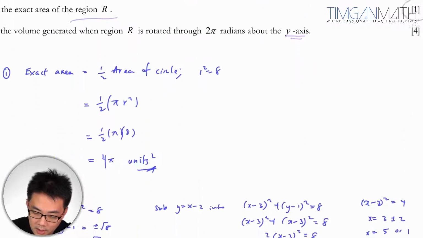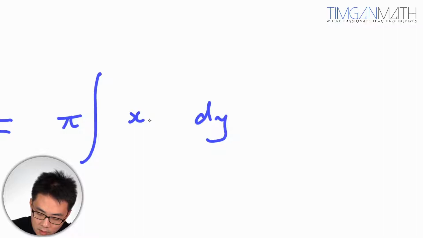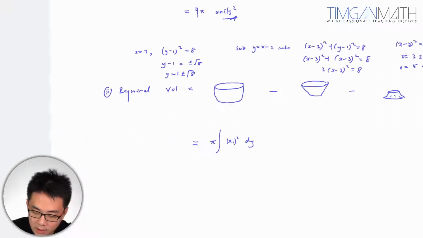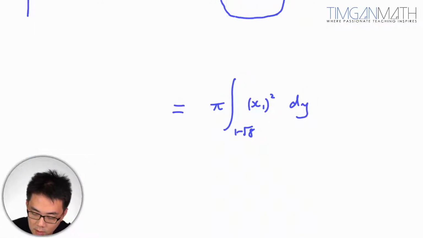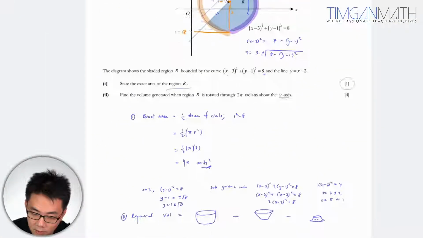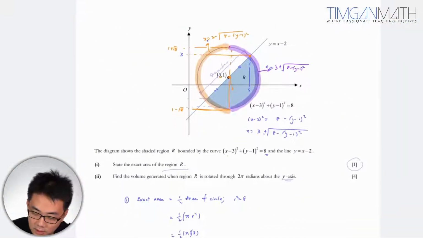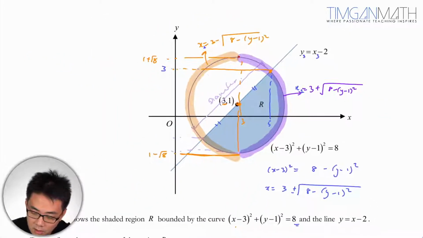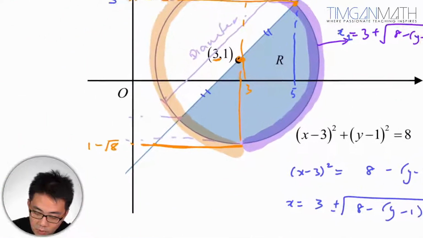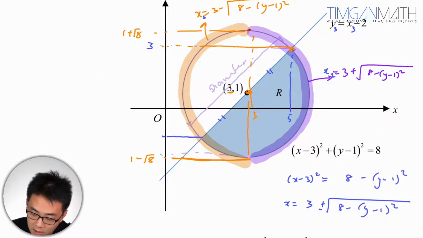So x1 squared, and it starts from 1 minus root 8 to the top one, which is actually 3. After which we're going to use the other one, which is this line here. So let's say this is x3, y3. We need to find this out as well.